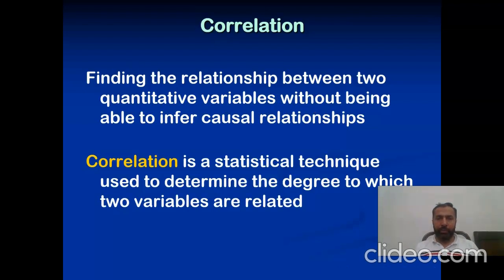In economics, for example, according to the law of demand, when the price of a product increases, keeping other things constant, the quantity demanded decreases. Thus we are talking about correlation between the price of a product and its quantity demanded.